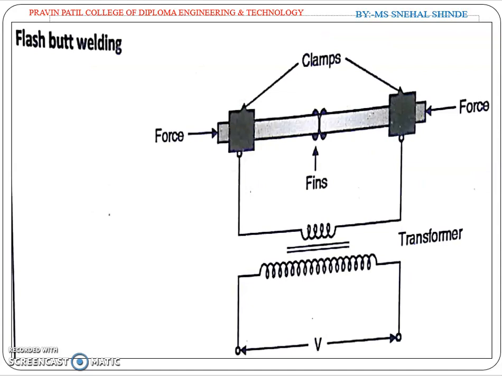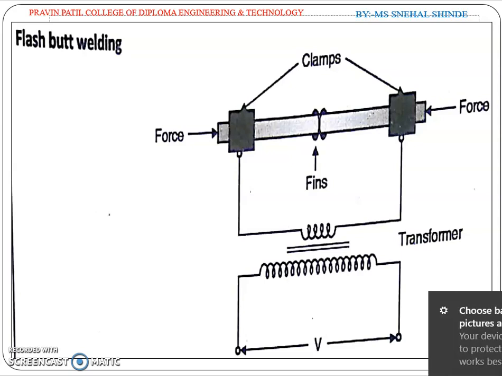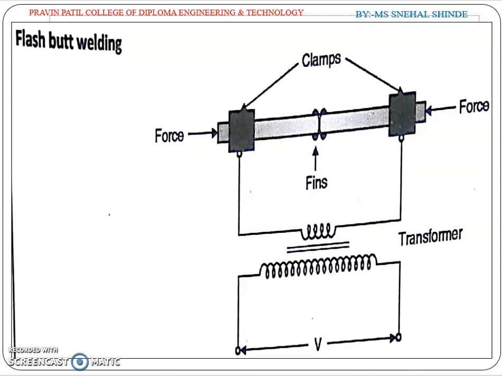Next welding is the flash butt welding. This is a modification of the butt welding. The ends of the pipe to be welded are held together with a little force or pressure applied to them.